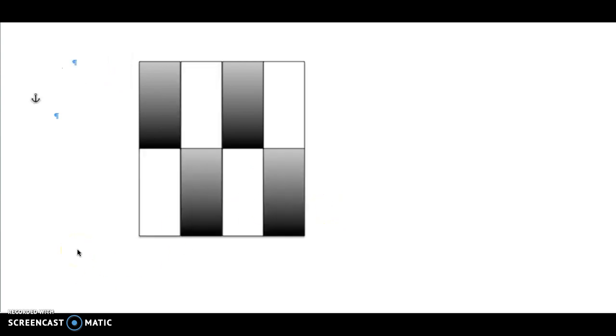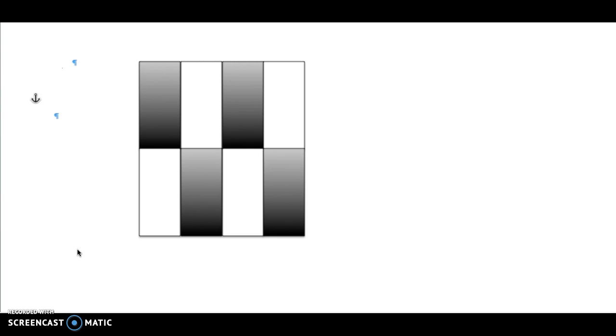In this diagram here, the same number of squares or rectangles are shaded as are not shaded. So you can see that 1/2 of the diagram is shaded, or 4 of the equal parts are shaded.